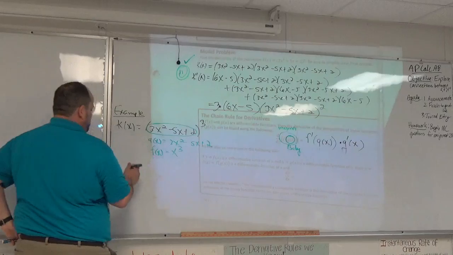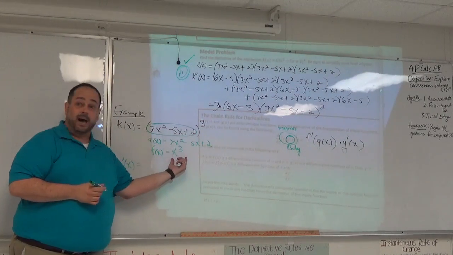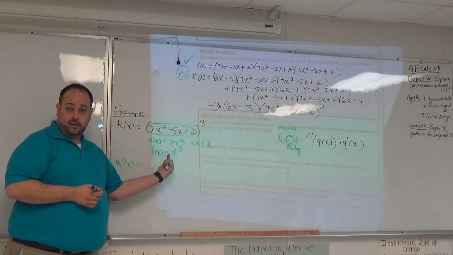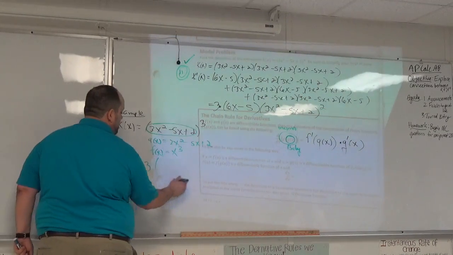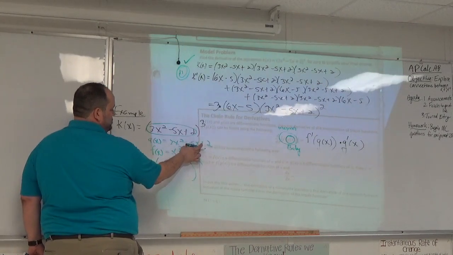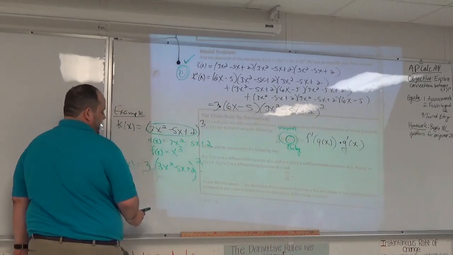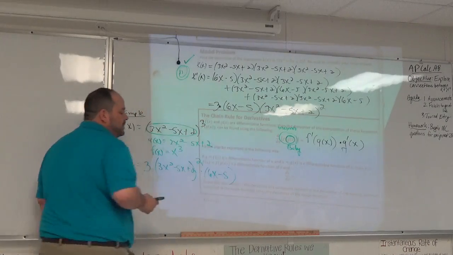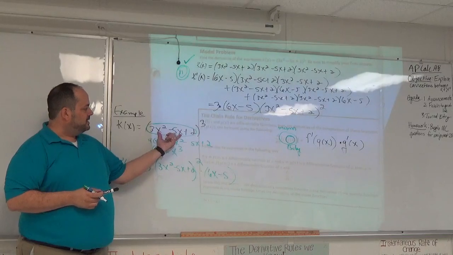Well, what does the chain rule say? The chain rule says take the derivative of the mama. You guys know what the derivative of the mama is: 3x squared, with the inside left alone, times the derivative of the baby, which is 6x minus 5, the derivative of 3x squared minus 5x plus 2.